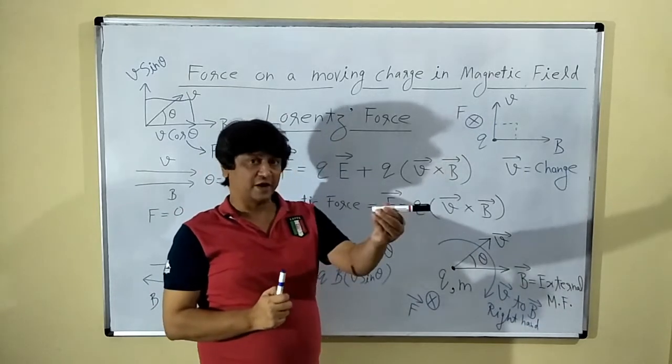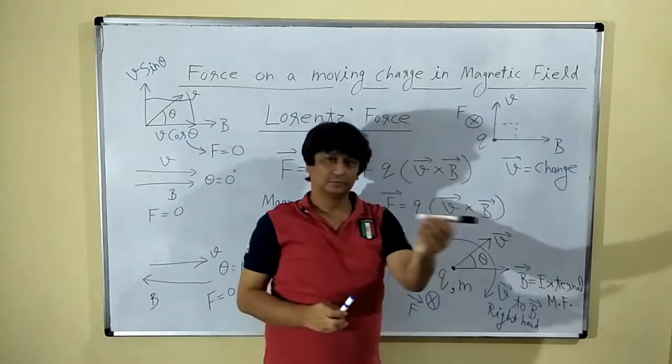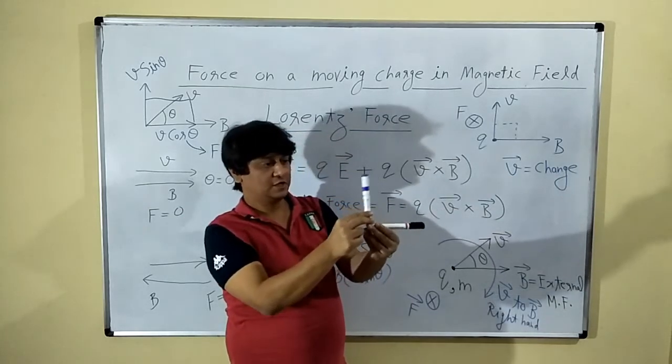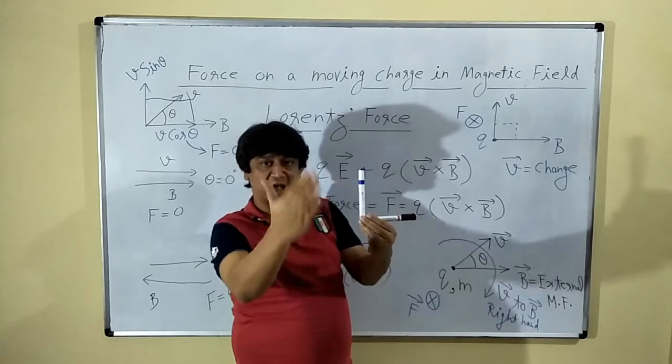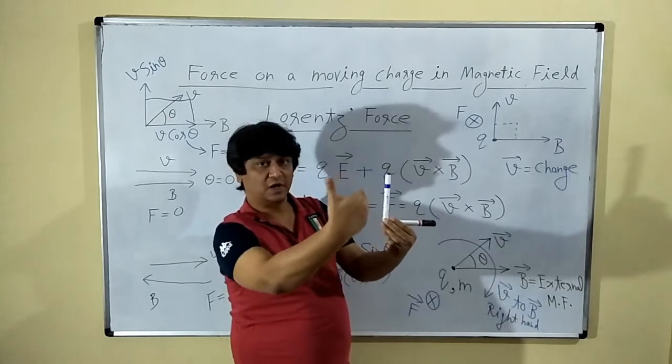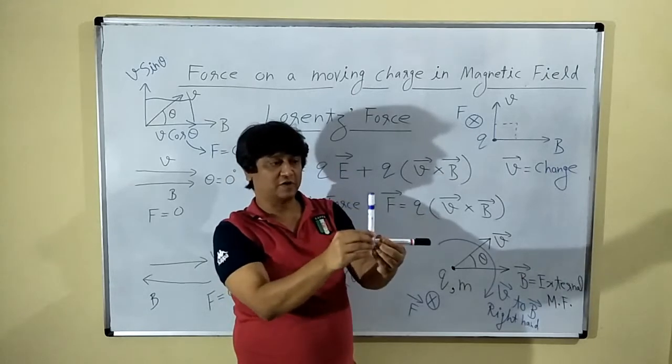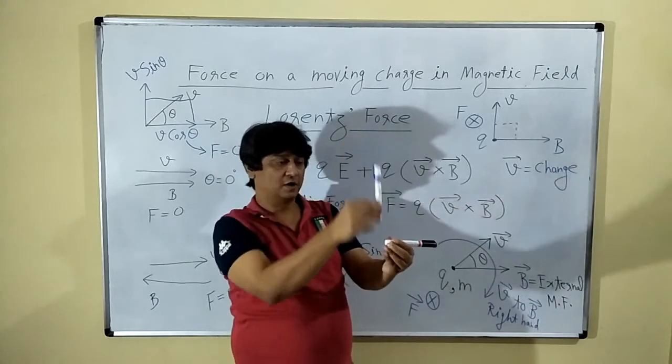That was the direction of magnetic field. चार्ज आया इस तरफ, like this. जैसे ही चार्ज आया, मैग्नेटिक फील्ड ने इस पर अंदर की तरफ फोर्स लगाया. इस अंदर के फोर्स की वजह से ये डिफ्लेक्ट होगा.